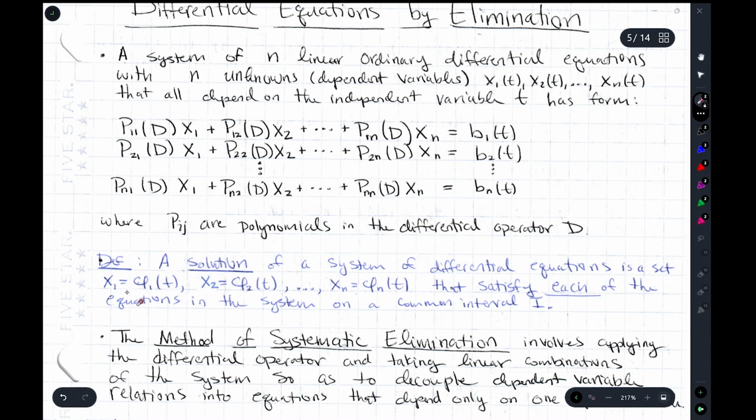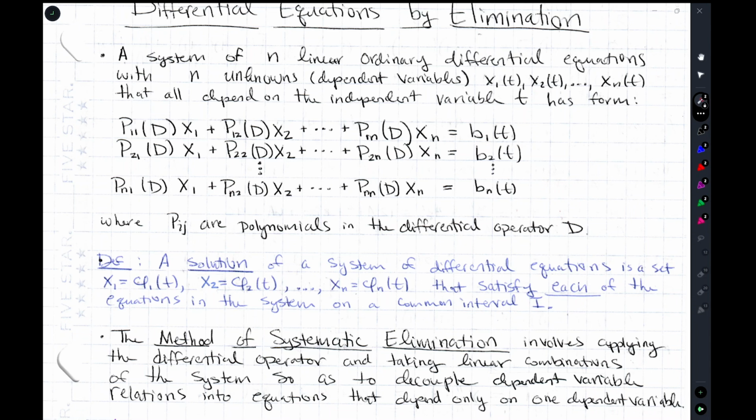A solution of a system of differential equations is a set, okay, so you get some function phi of t for each of the unknown or dependent variables, phi1 for x1, phi2 for x2, that satisfy each of the equations in the system on a common interval. So each solution for each of the dependent variables must satisfy all, simultaneously, all n equations, when you plug all of the unknowns in, okay?